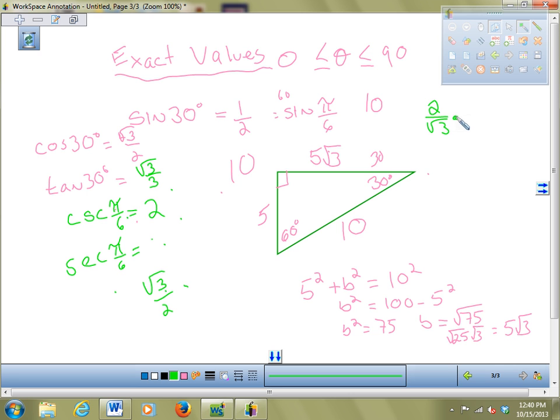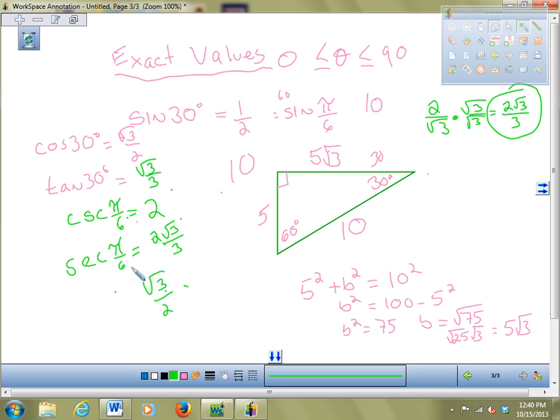Then I rationalize the denominator by multiplying by root of 3 over root of 3, and that gives me 2 root of 3 over 3. So the secant of pi over 6 is 2 root of 3 over 3. You should be able to figure those out.